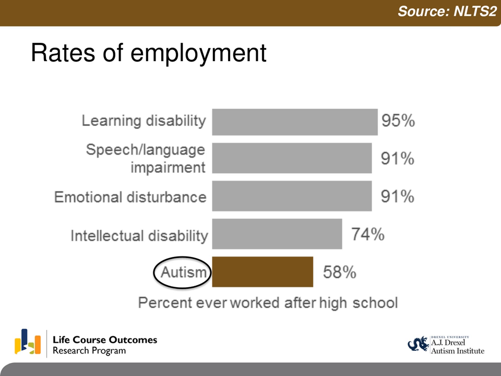In the area of employment, it's clear that young people on the autism spectrum are struggling more than their peers with other types of disabilities. Again, we use this information to educate and raise awareness among people who have control over the purse strings for public services, who are in positions to influence the kind and amount of help available to people on the autism spectrum.